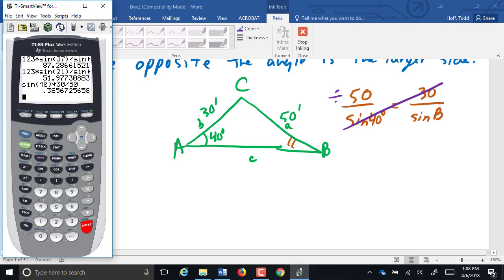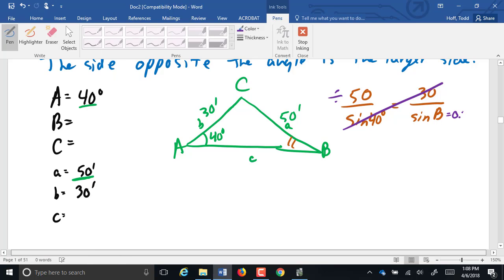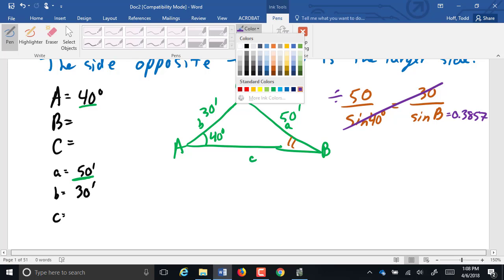I get 0.3857. That is the sine of angle B.